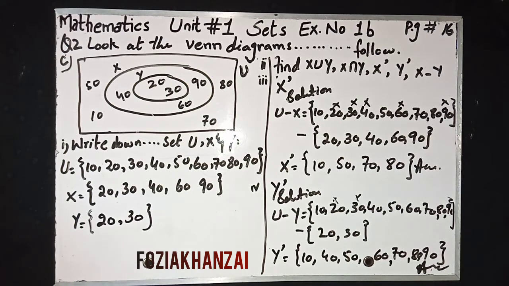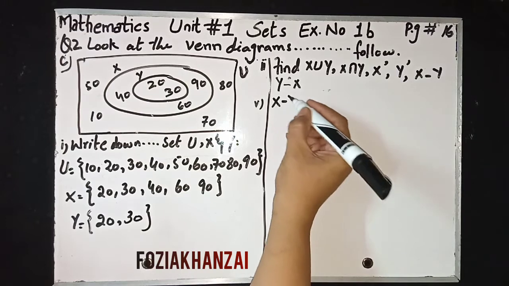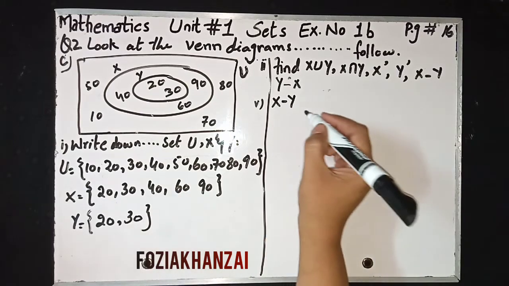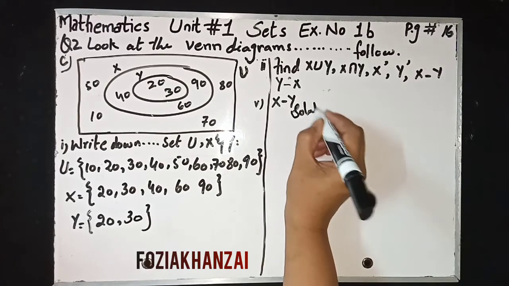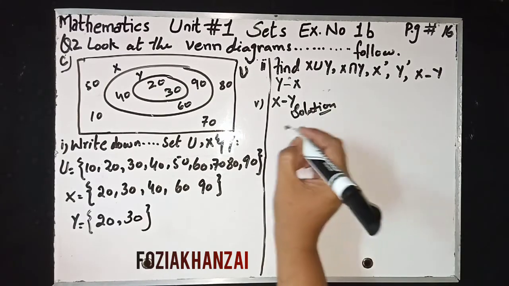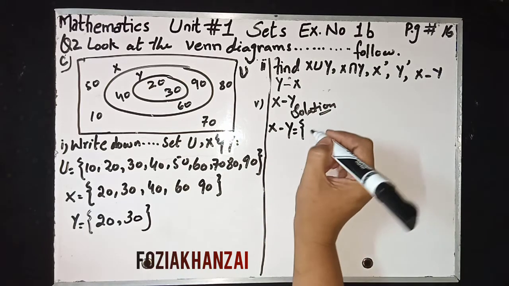Correct answer. Fifth part, X difference Y. So first copy down the elements of set X, then the elements of set Y.